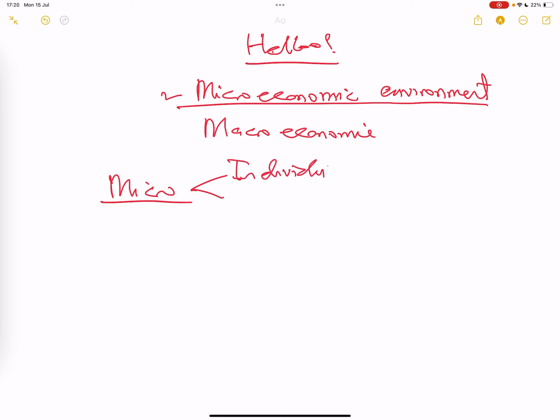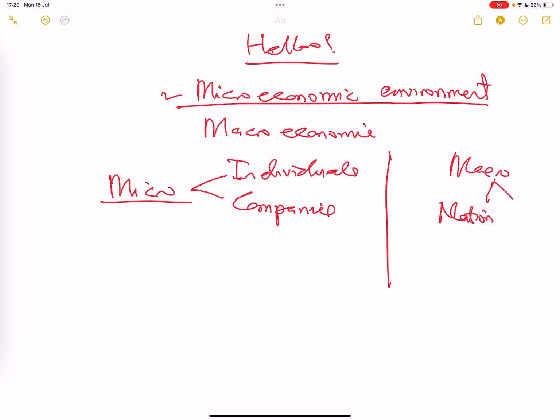So we're looking at the economy of individuals and companies. By the time we are looking at macro, we'll be looking at the entire national economy. So this is a country, and even the world in its entirety. That's what we'll be looking at.